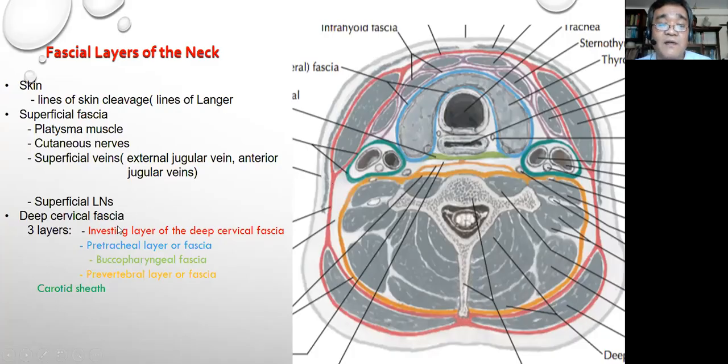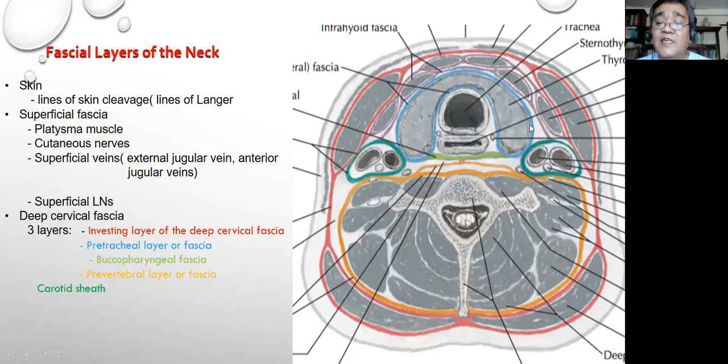The first layer is known as your investing layer of the deep cervical fascia, the one in red, which, just like the superficial fascia, also runs circumferentially around the neck, and at specific points, it splits into 2 layers to enclose some of the superficial muscles of the neck, such as your sternocleidomastoid muscle anterolaterally, as well as your trapezius muscles located posteriorly.